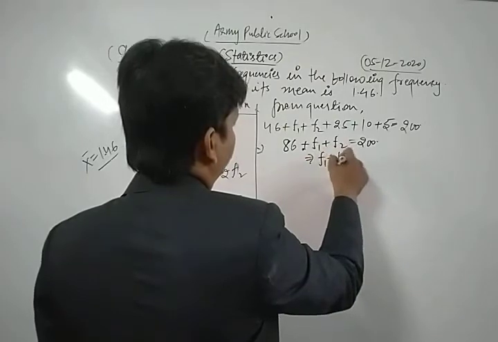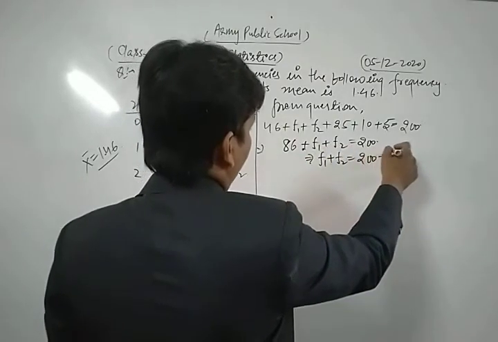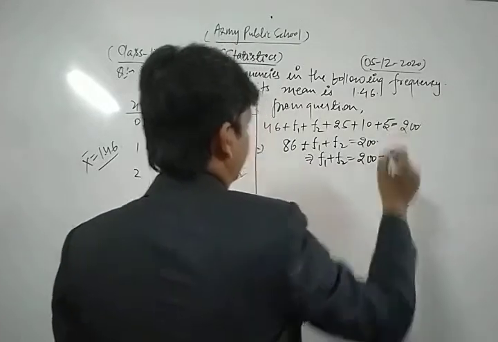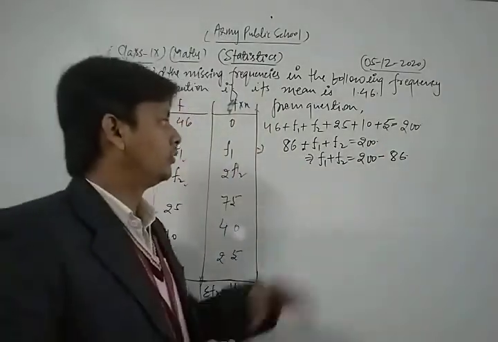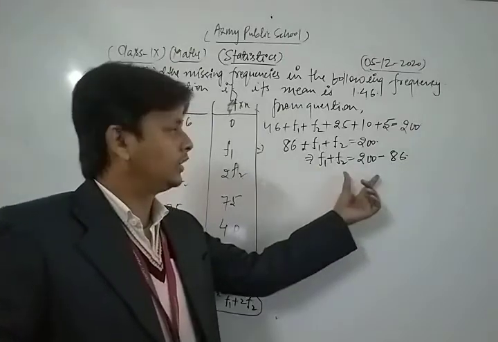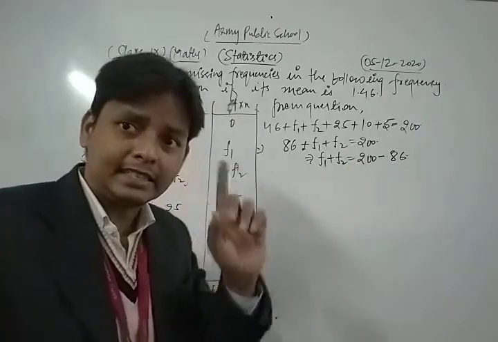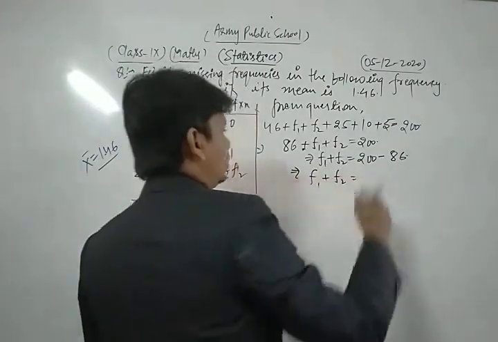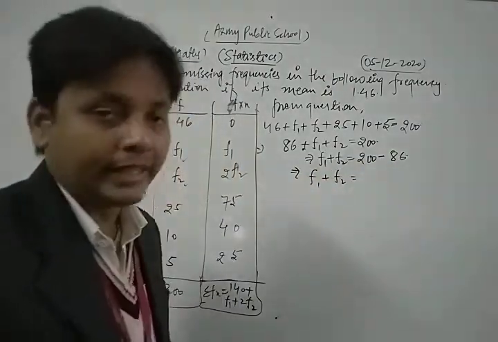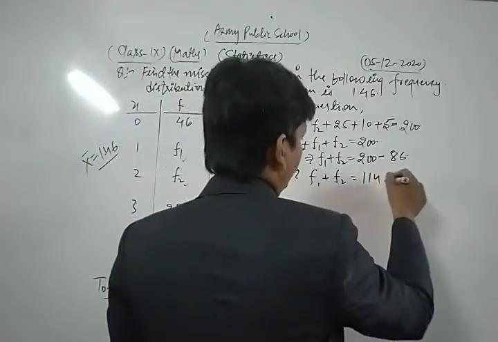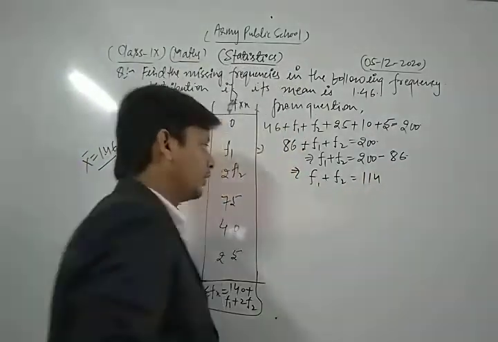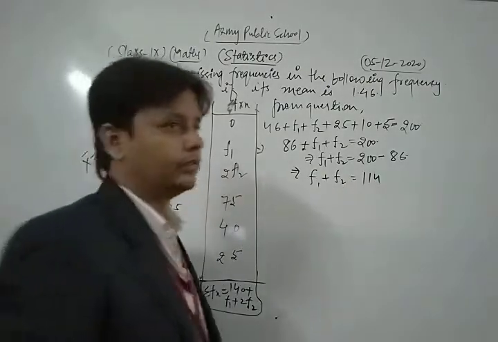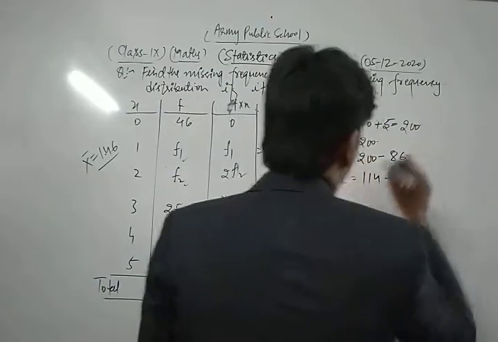The value of f1 plus f2 is 200 minus 86, which is 114. So the one equation is f1 plus f2 is equal to 114. We take this as equation number 1.